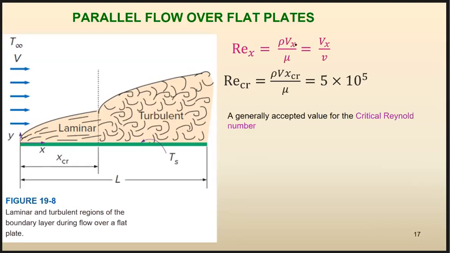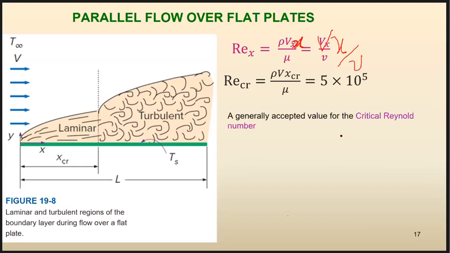This is not v sub x. x is a location: the distance from the leading edge, the location on the flat plate where you want to calculate the Reynolds number. So it is density times V times x over mu.